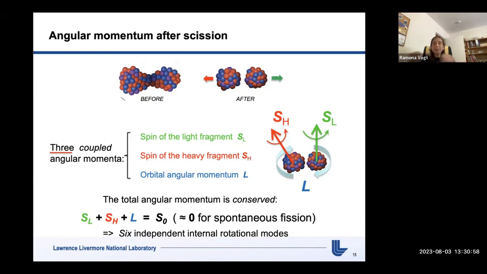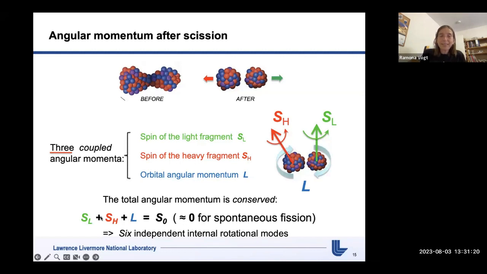But there's a fission axis, right? And the question is whether your spins are around this axis or parallel to it. There's been a lot of debate about that, and I'll try to get to that at the very end because it's kind of interesting.